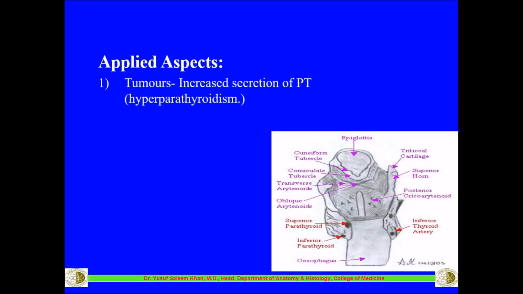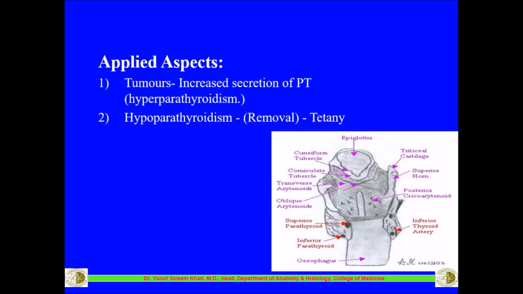Coming to the last part, the applied aspects. The first one is tumors arising from the parathyroids. If there are tumors within the parathyroid, it leads to increased secretion of parathormone. This is called hyperparathyroidism. That will be the condition if there is some kind of tumor within the parathyroid gland. And hypoparathyroidism usually happens when you are removing the thyroid.